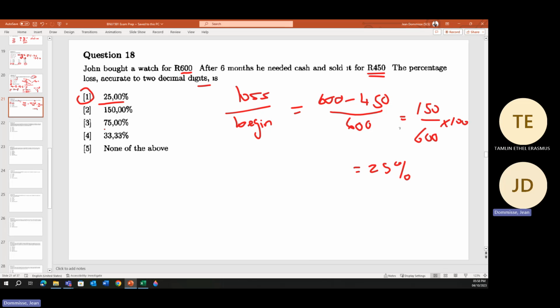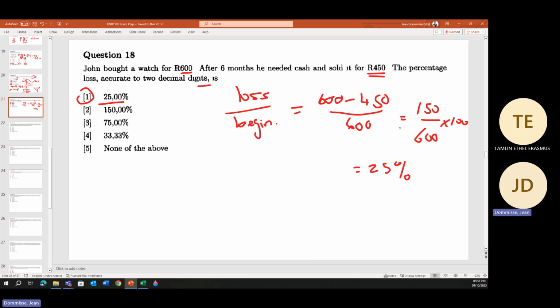So from what your original value was, which is 600, how big a percentage is that of the loss that you made? 150 divided by the original amount of 600 times 100% will give you 25%. Okay, so option one.